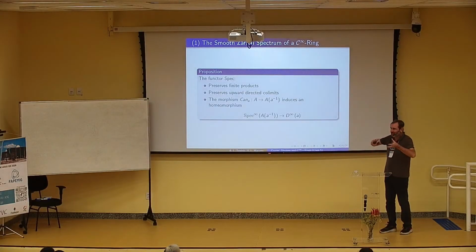Quando eu falo preserva, quer dizer, ele vai levar produtos de anéis sem infinito em coprodutos dos espaços espectrais, que é exatamente o coproduto como espaço topológico. Então, vai levar colimites dirigidos para cima nos limites projetivos dirigidos para baixo, que é contravariante.